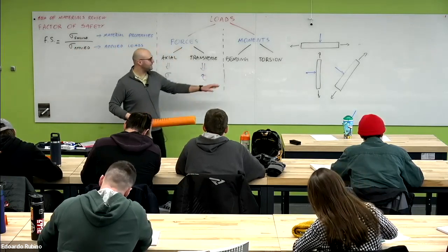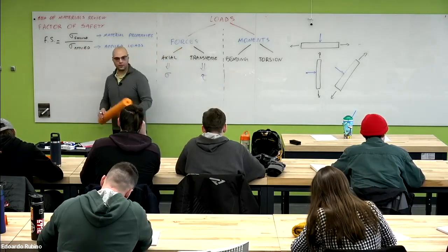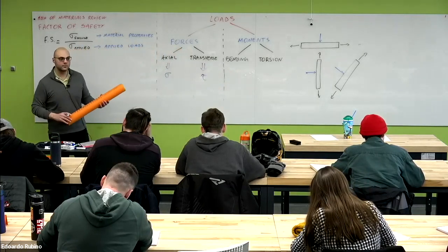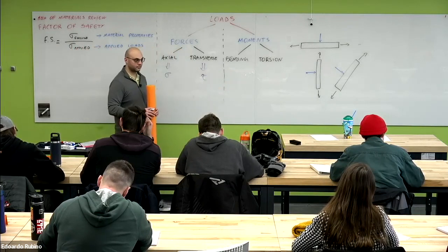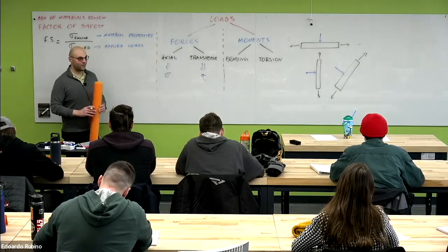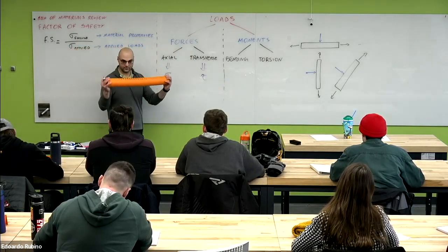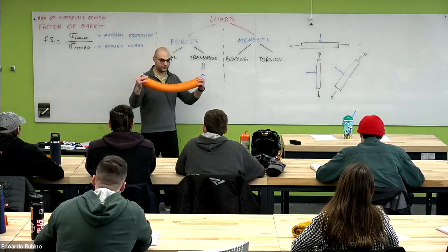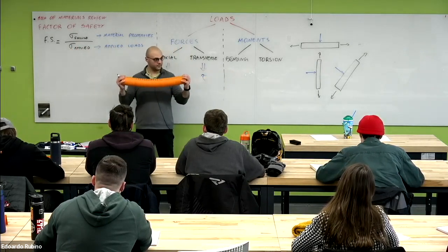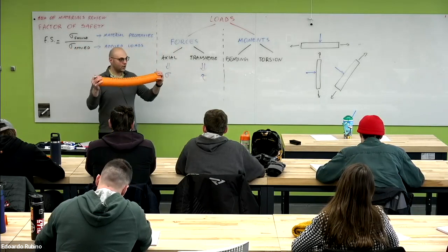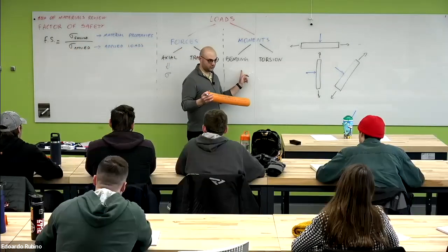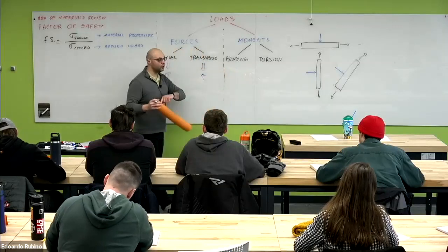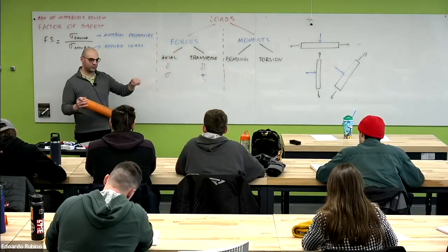If we have a bending moment, what kind of stress do we have? If we have pure bending moment, we actually have a normal stress, because we are going to use the flexure formula, which we will see next.